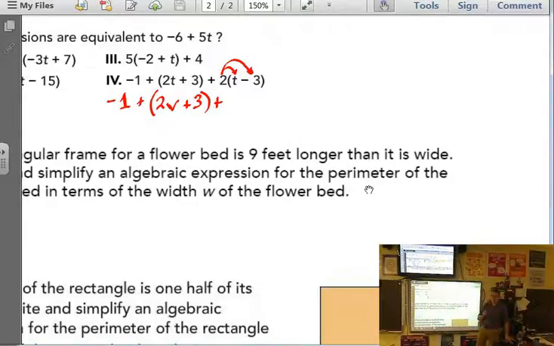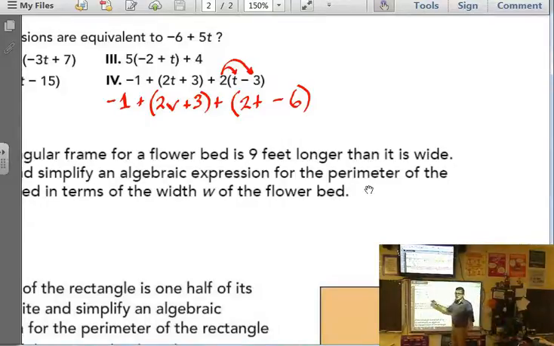Now here's where it gets dangerous, and I want you guys to check and see if you had the right stuff written down. This becomes 2t minus 6, or plus a -6. You got to be careful because that negative or that minus in there, when I distribute, it's got to stay that negative or that minus. Now I can start rearranging.